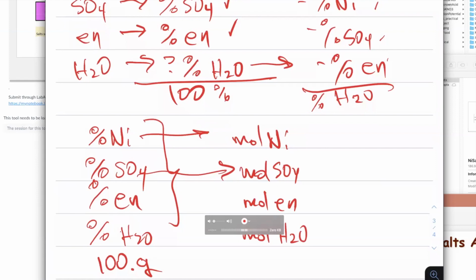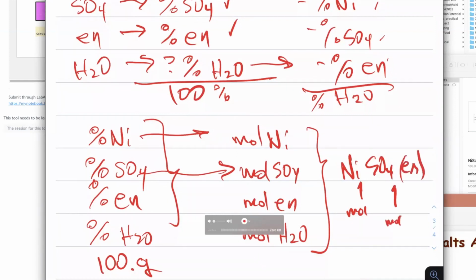Why is that important? Because now that gives you the chemical formula. Nickel, moles, sulfate, moles, ethylenediamine, moles, and then water, moles. That's your chemical formula.